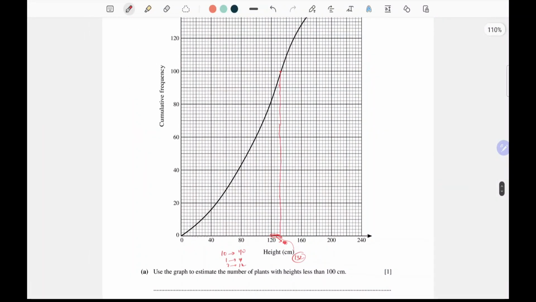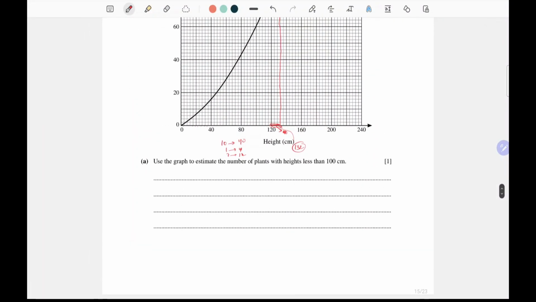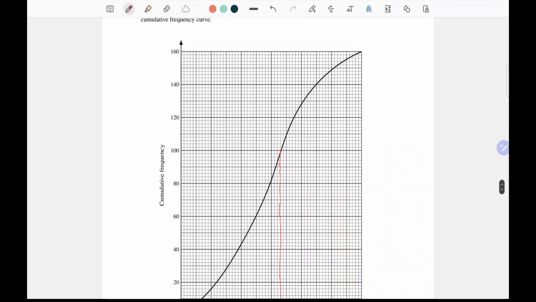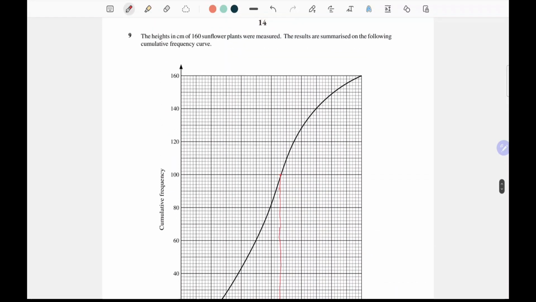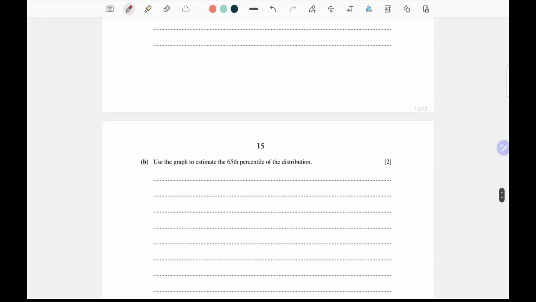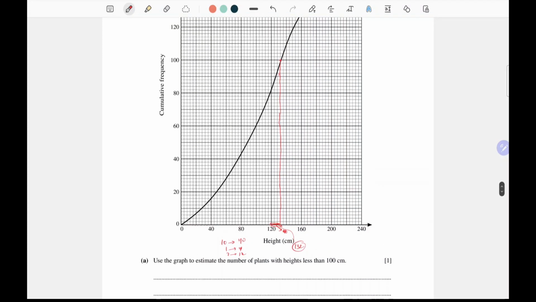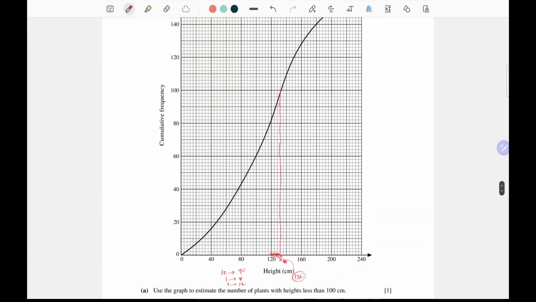So now, what was the question, by the way? Use the graph to estimate the number of plants with less than 100 centimeters. Okay, my bad.